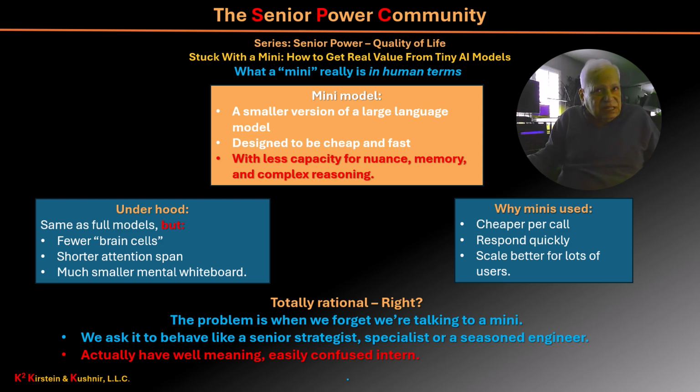If you ask them to redesign the company's strategy from Friday, you're going to suffer. Minis are the same way. So the rest of this episode is basically about how to give that intern the right job, how to check their work, and how to stop expecting them to do things they're not built for.